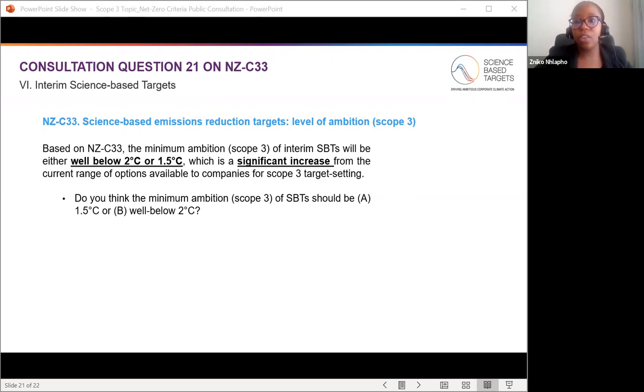So we are asking you whether you think the minimum ambition should be A, 1.5 degree aligned, or B, well below 2C aligned. And we've discussed in the previous slides the pros and cons for each approach. And that is the last question of the public consultation, specifically in relation to scope 3 emissions.